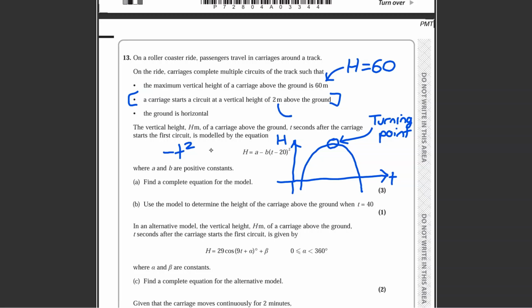So if it's a vertical height of 2 meters, therefore h is equal to 2, and it's when the carriage starts the circuit, so therefore here t is equal to 0. This is the initial time for when the carriage starts.